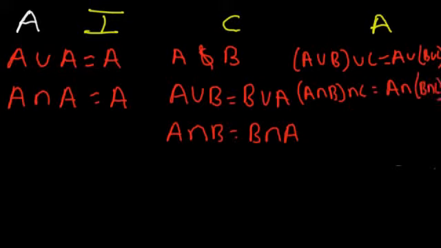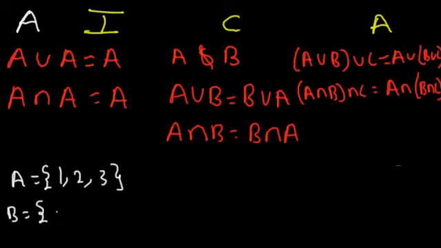Now let's check this using some examples. Now let's say A is a set and it consists of elements 1, 2, 3. B is a set and it consists of elements 2, 4, 6.